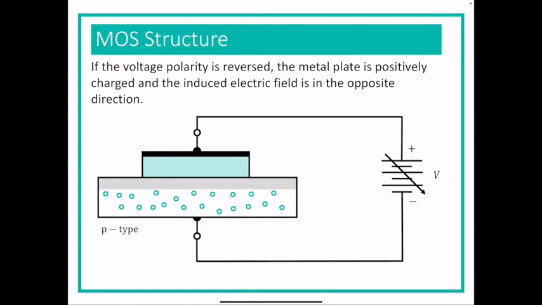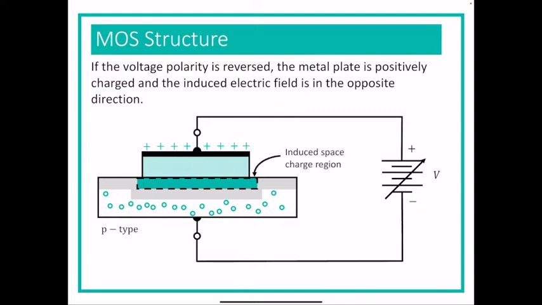Now, if we take the polarity and reverse it, something else happens. If we reverse the polarity of the voltage, now the metal end would be positive, and the semiconductor at the bottom end would be negative. What happens in that case is the holes are drawn to the negative end, and there is a depletion region that actually gets induced at the place where the semiconductor and the oxide meet.